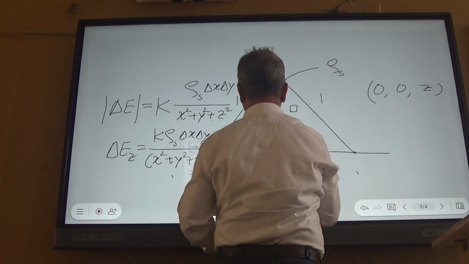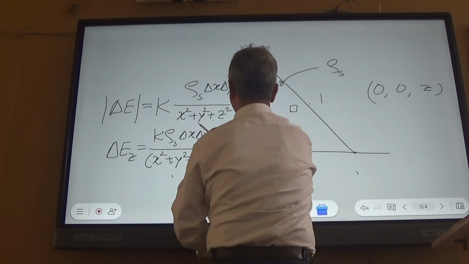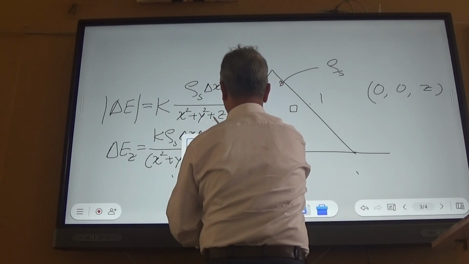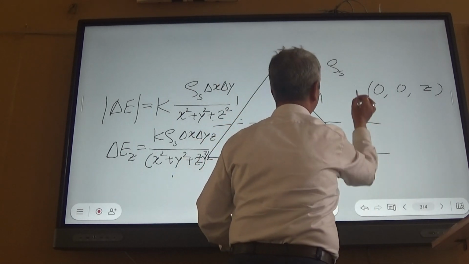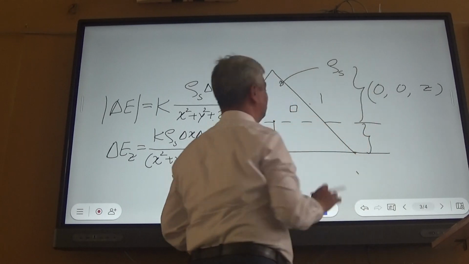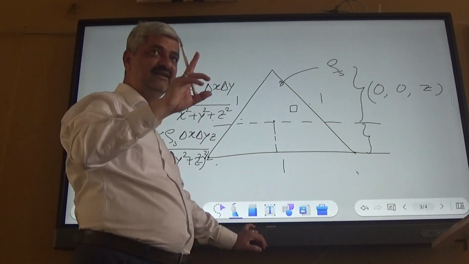When it is the center of the triangle, this distance and this distance are different.